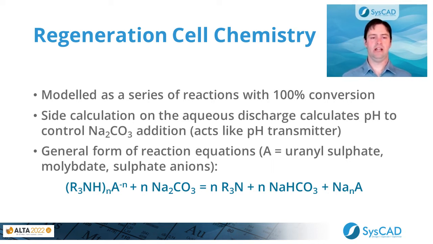And in here, we have a general form of reaction equations where the anion could be uranyl sulfate, molybdate, or sulfate. So we have an acidified amine complex plus sodium carbonate gives the unacidified amine plus sodium bicarbonate and the sodium form of the anion as a salt.